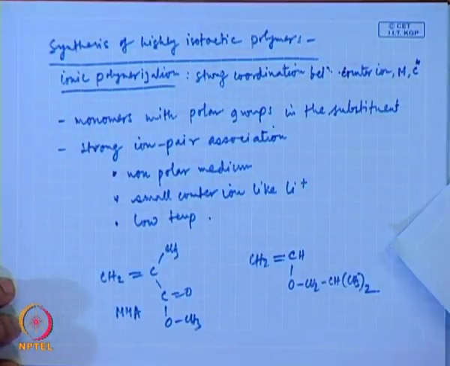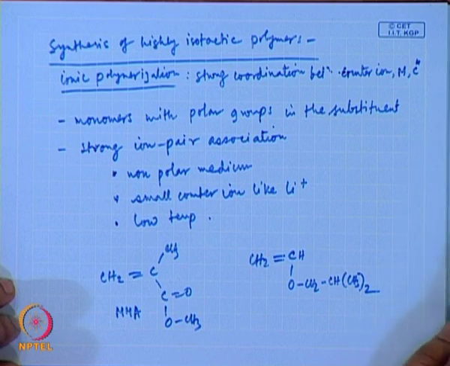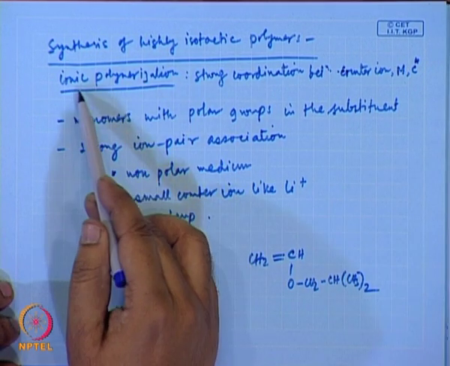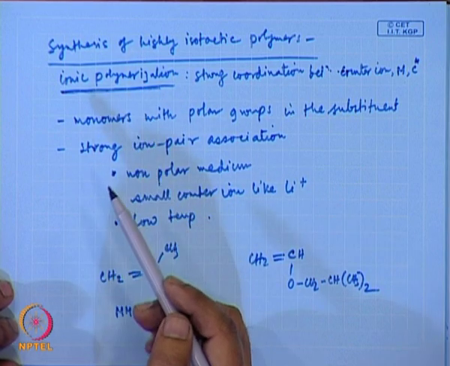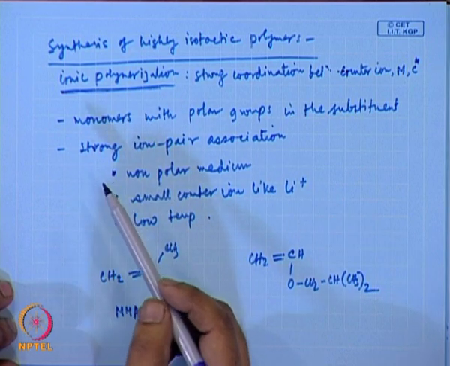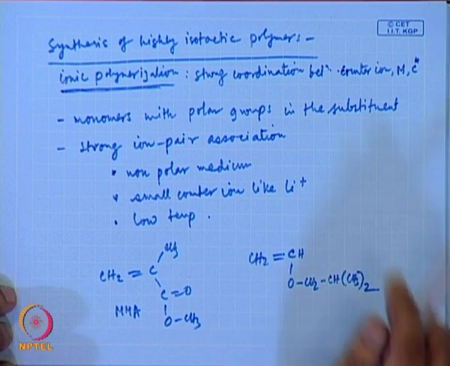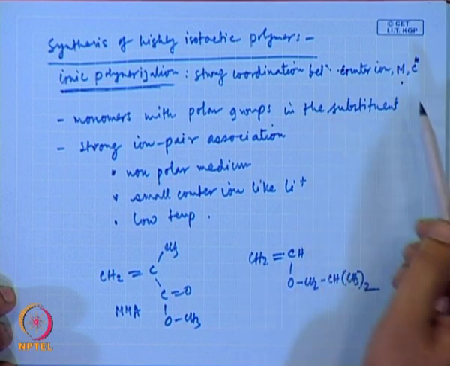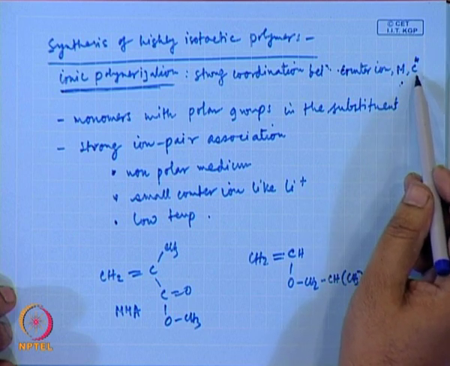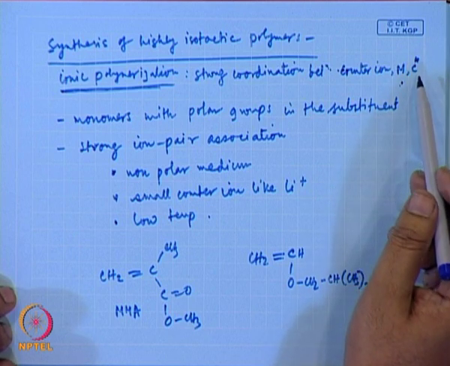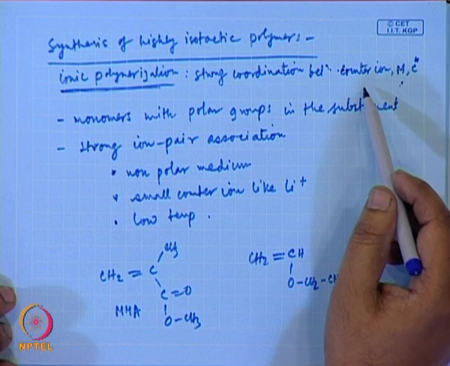We can get highly isotactic polymers if we do an ionic polymerization such that we have a very strong coordination between the counterion, the incoming monomer, and the active chain end, which could be a cation or an anion.